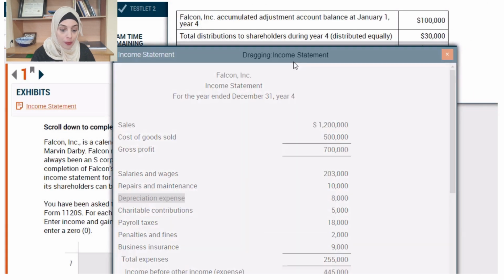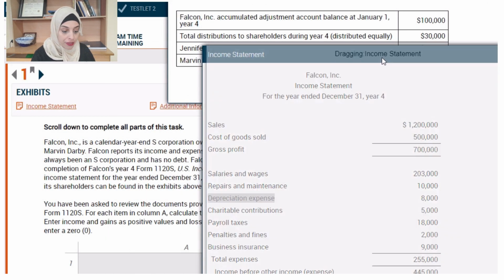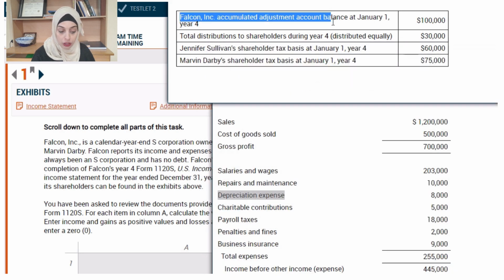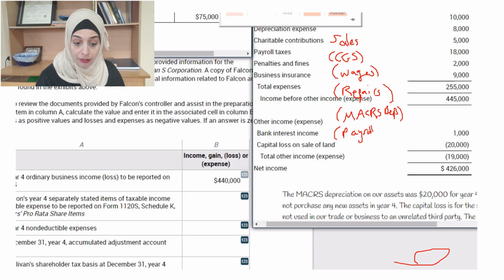Okay, so basically, in order to get the ordinary business income or loss on Form 1120S, we will need the income statement and the information they gave us. We're going to take the sales and deduct from them the cost of goods sold, the wages, the repairs and maintenance, the MACRS depreciation, payroll taxes, and business insurance. Those are the only items that should go into the ordinary business income.